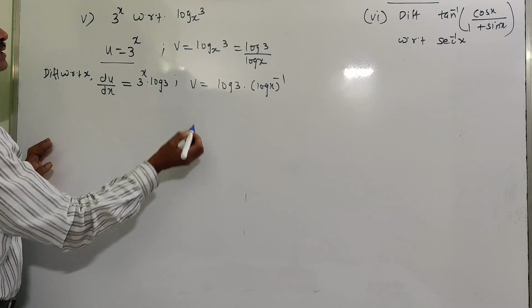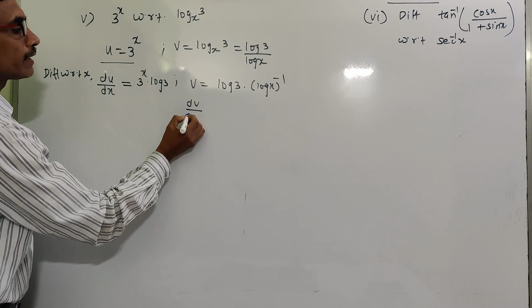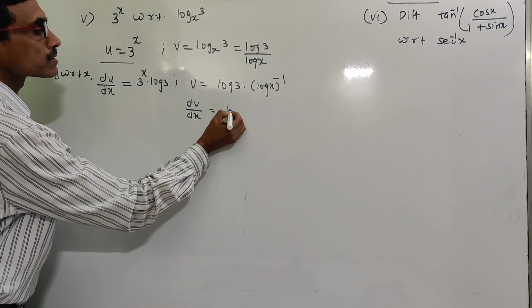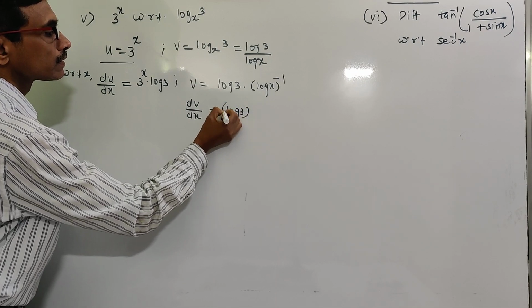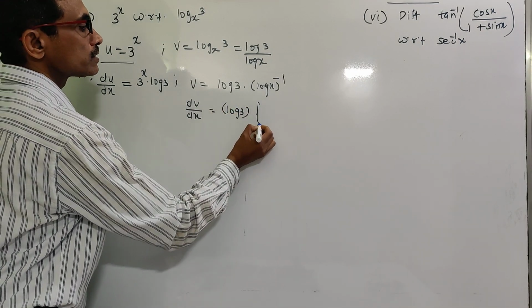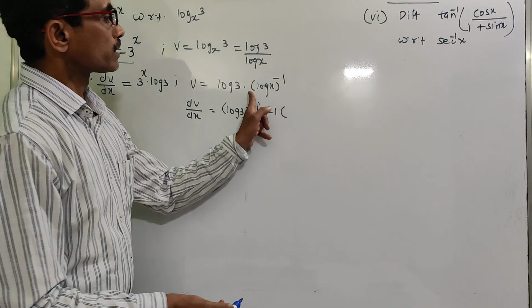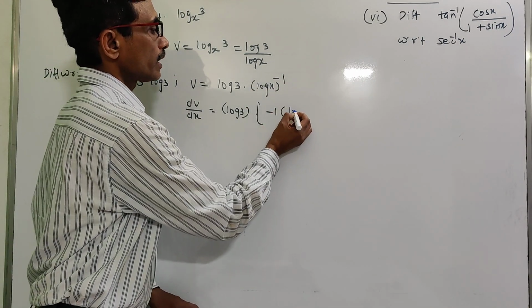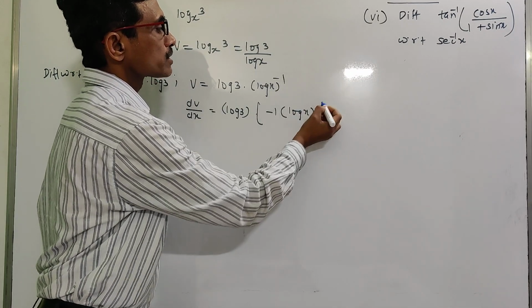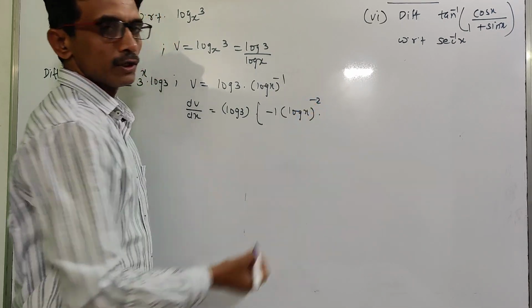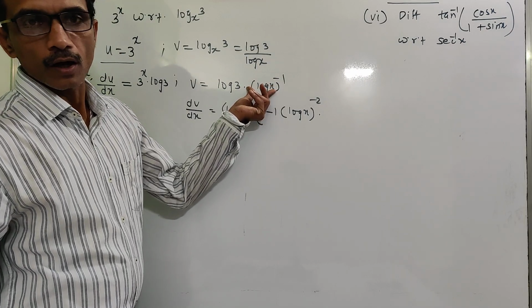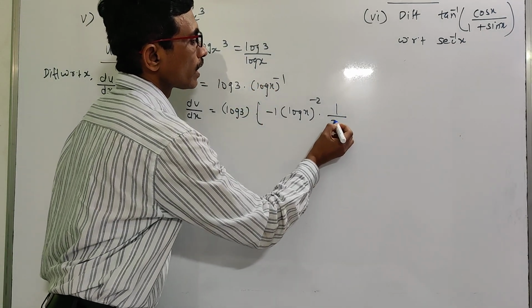So dv by dx is equal to log 3 constant, and the derivative of this: minus 1 into (log of x) to the power minus 2, into the derivative of log x, which is 1 upon x.